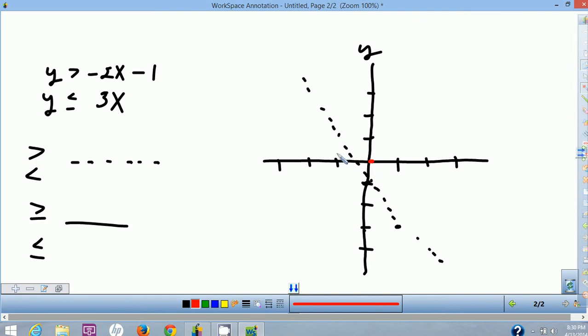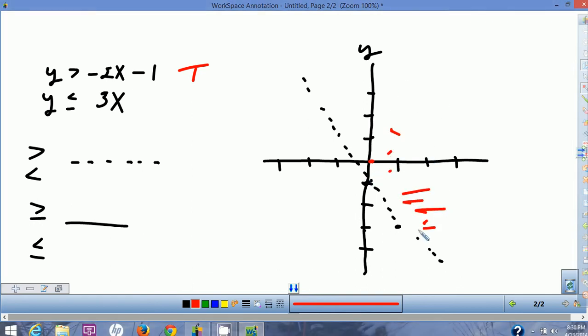So I'm going to test 0, 0. If I come back and put 0, 0 in this, I get 0 is greater than negative 1. And that's a true statement for 0, 0, which means I want to shade this side of the line. So I'm going to shade in everything on this side of that dotted line.